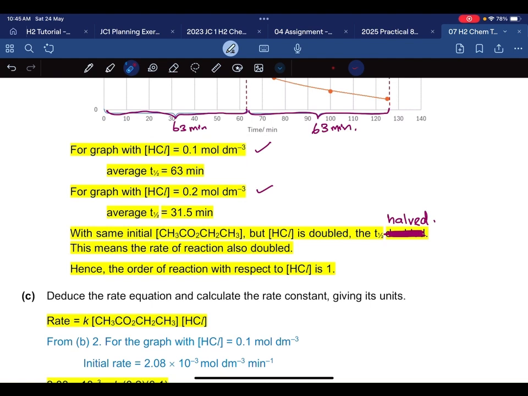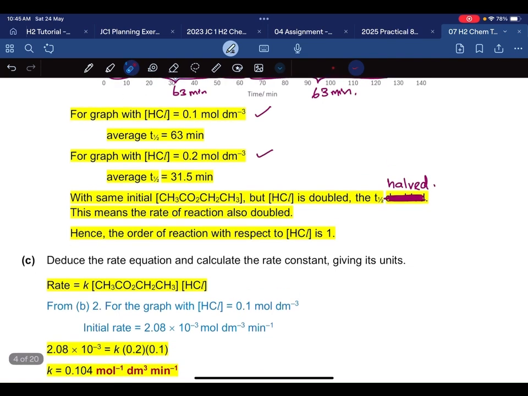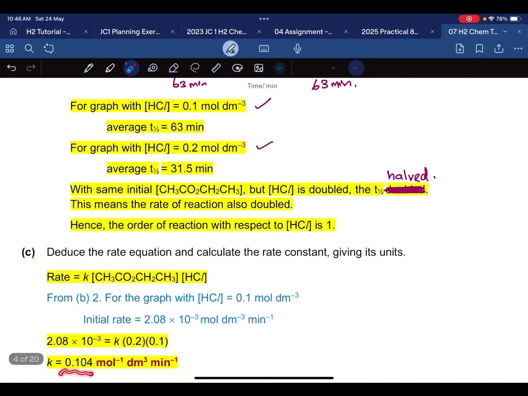Let's say we are using the graph with concentration of HCl being 0.1. Earlier on from part B, we have calculated the initial rate to be 2.08 times 10 to the power of minus 3. So we can simply substitute this in our rate equation, and the K value can be obtained easily.